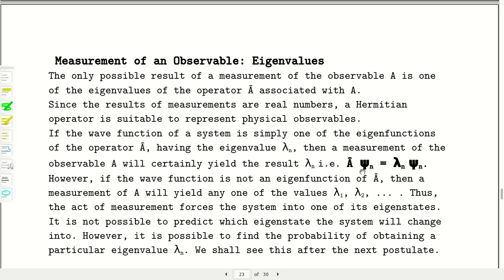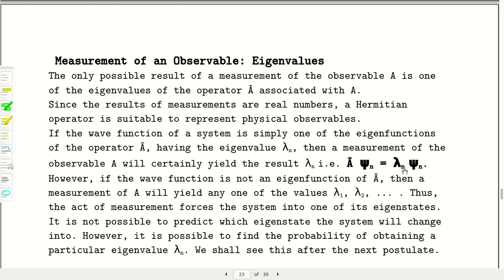Use the eigenvalue equation, where A operator is an operator form of a dynamical variable A and psi n is the eigenstate or eigenfunction corresponding to the eigenvalue lambda n. So from this equation, if you know a physical variable and its operator form, and you know the wave function of the system, operate the operator on the wave function, and this will reproduce the wave function with some multiplicative constant.